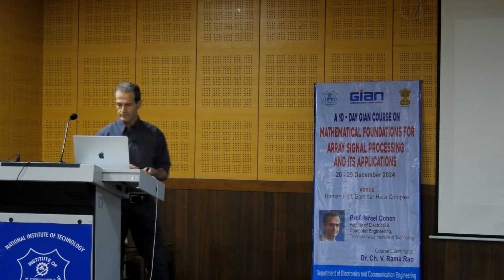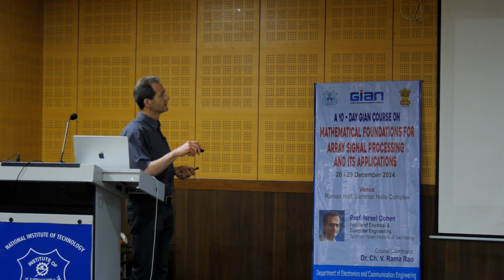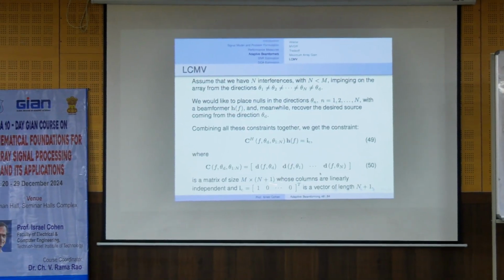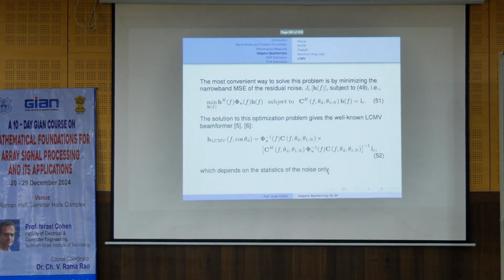Okay? So if we use this matrix of constraints, we define the LCMV for adaptive beamforming. So the optimization problem becomes minimizing this, which means maximizing the array gain under this constraint.